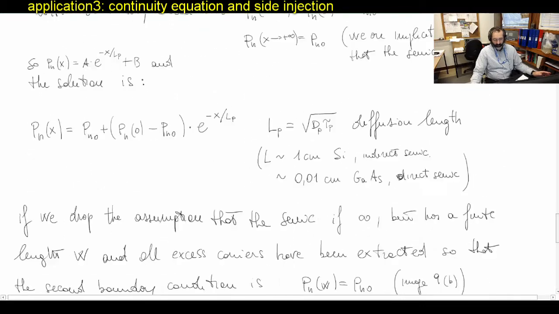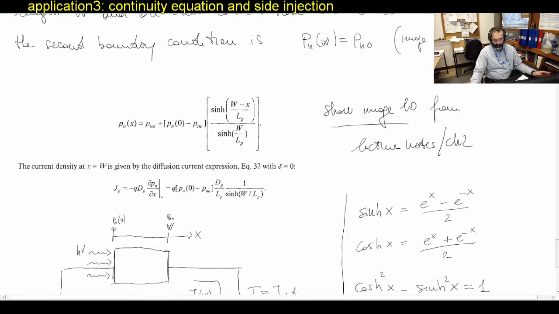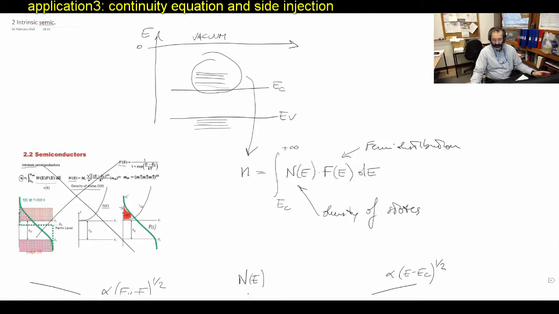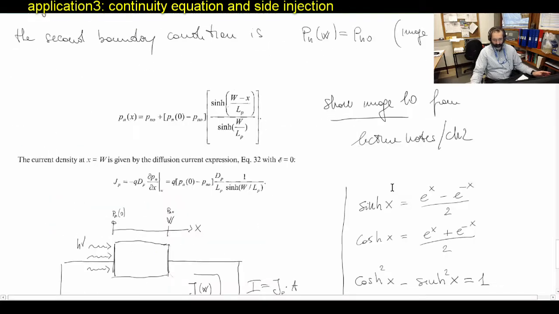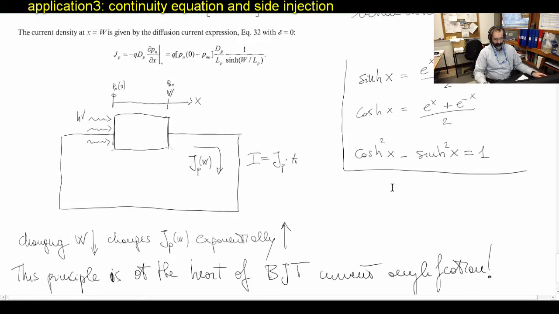And we can calculate J at the point where we are emerging from the semiconductor, let's say.